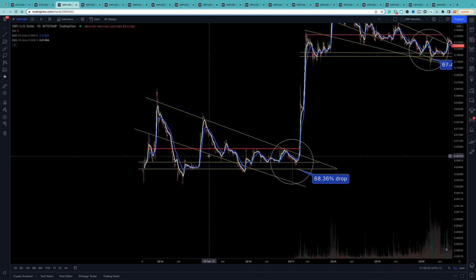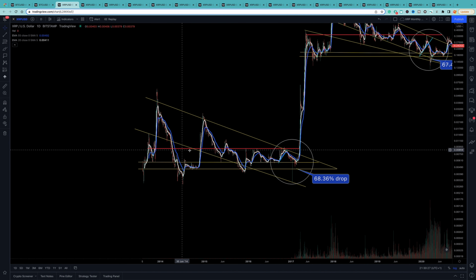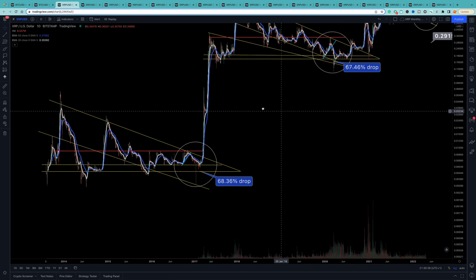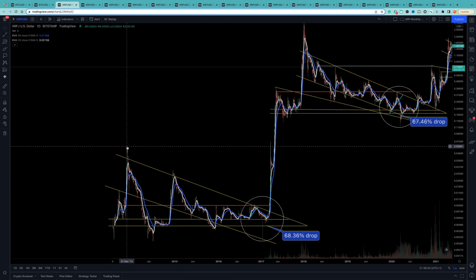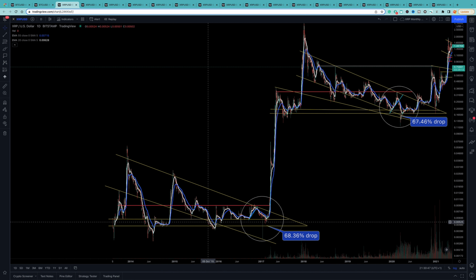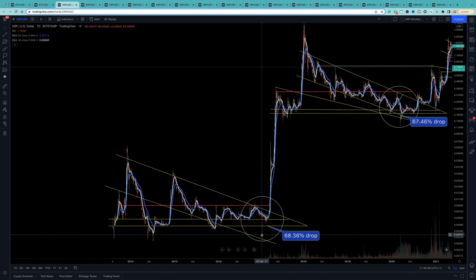And then this red line, again, is another support, resistance, and look, it marks this here. This is why I put that red line in here, yeah? So you can see that this red line is relevant all the way through. So here we are here. That's the peak of 2013, and then here's the correction.